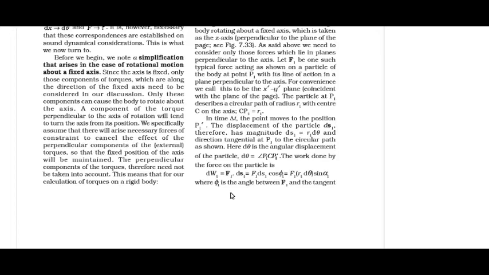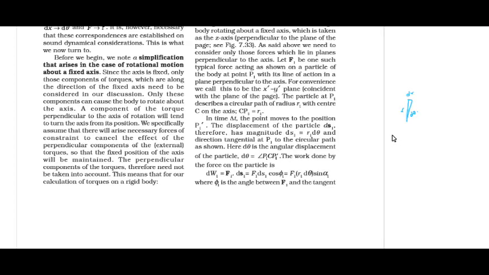Instead of ds, we can write r1 d theta. Why instead of ds? Say this is a small arc. So this is ds, this is d theta, this is r.